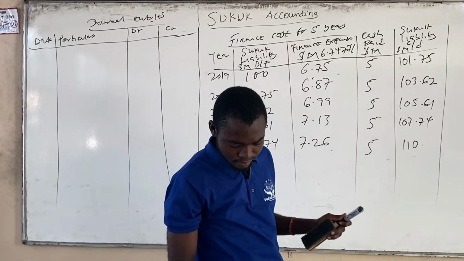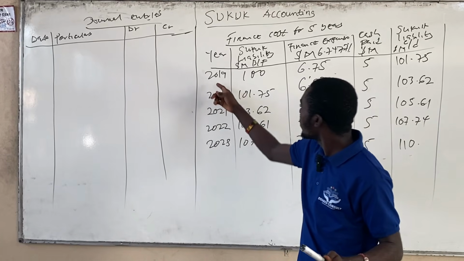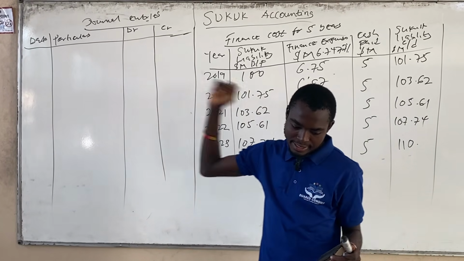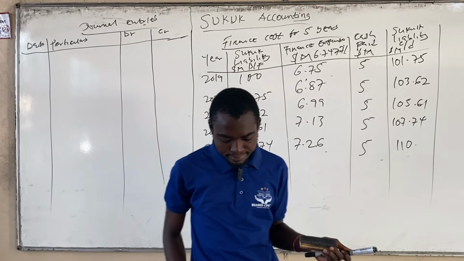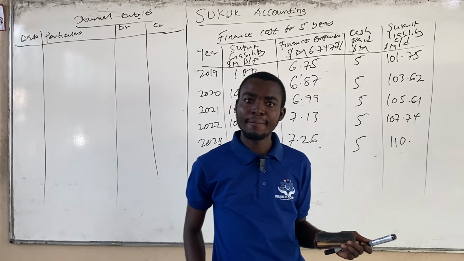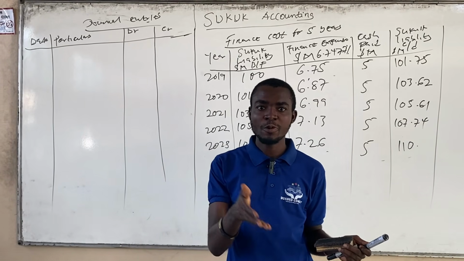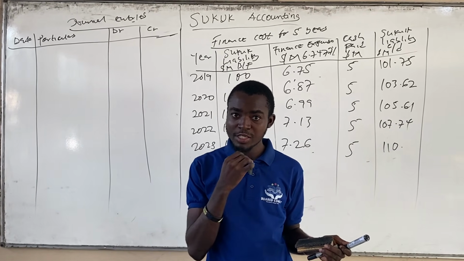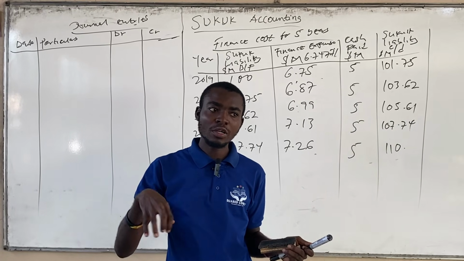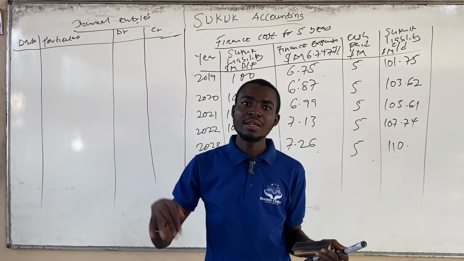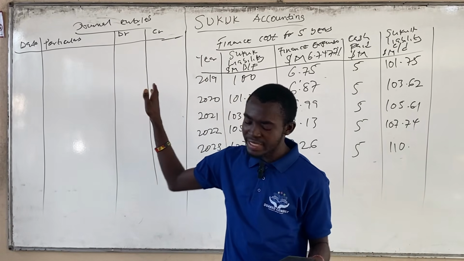Okay, on the first January 2019, the originator sold the office building to the special purpose vehicle for an amount of 100 million through Sukuk accounting, and then the Sukuk will serve as a liability to the originator.